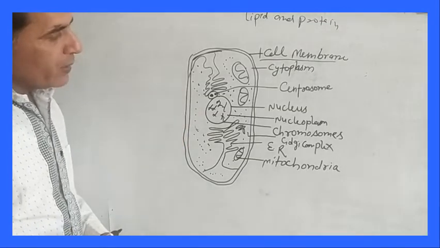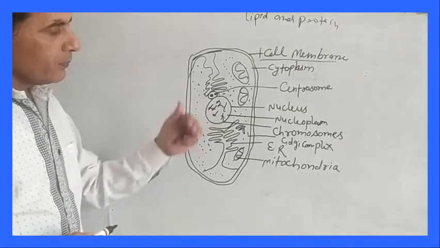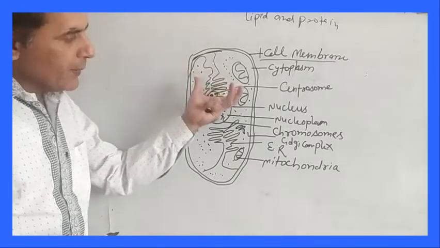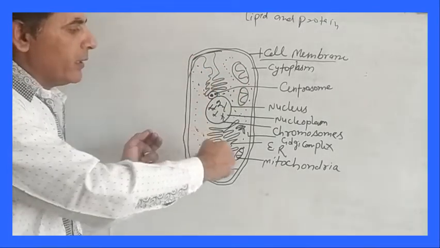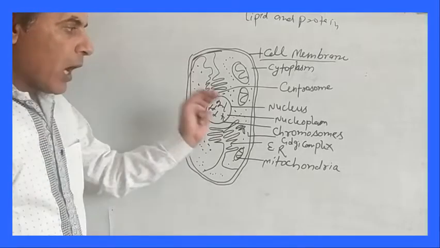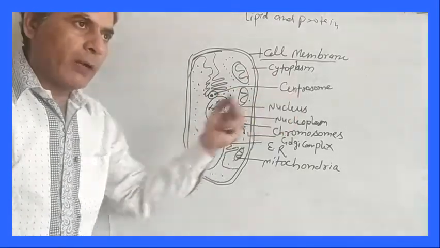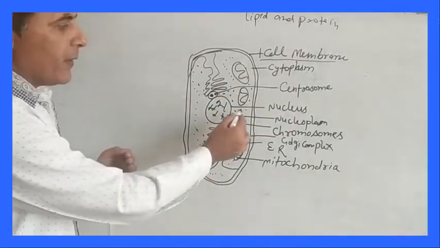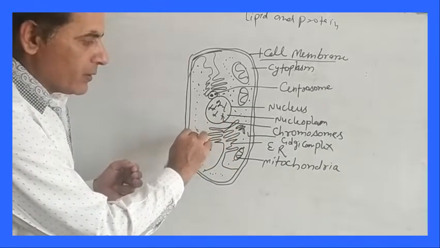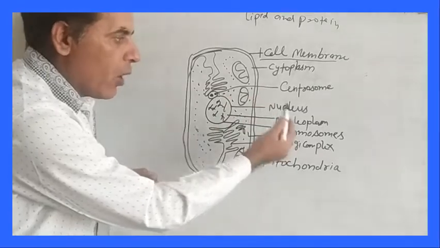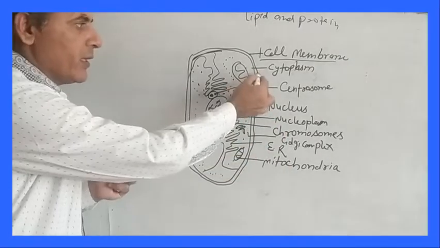And more functions of the cell membrane. It keeps the environment of the cell away from the environment outside. It separates the environment of the cell's inner side and outer side. So this is a separator.